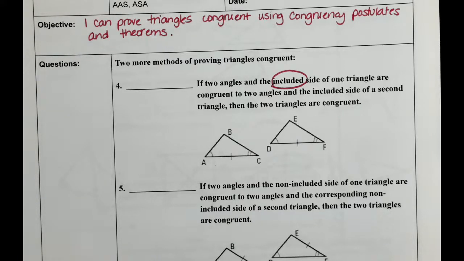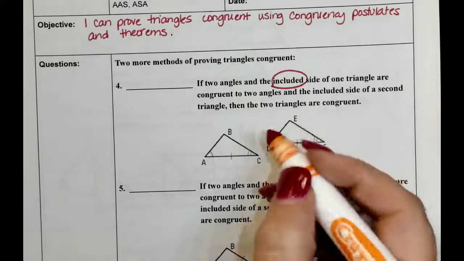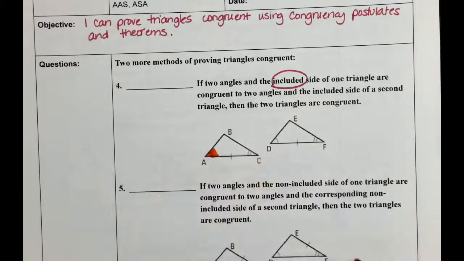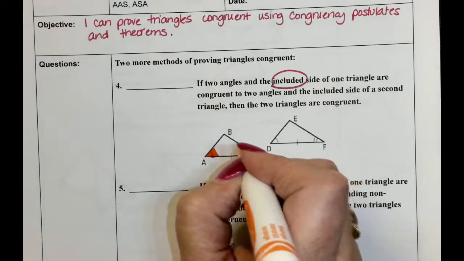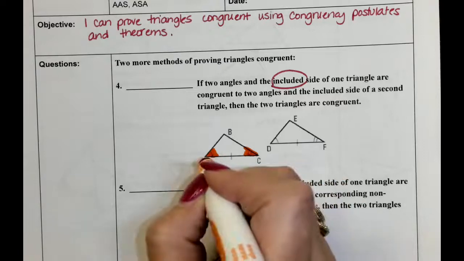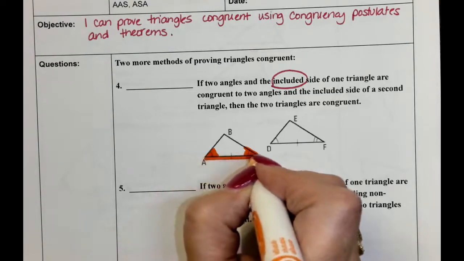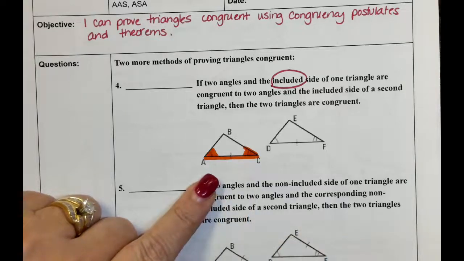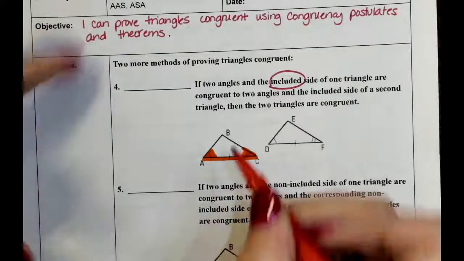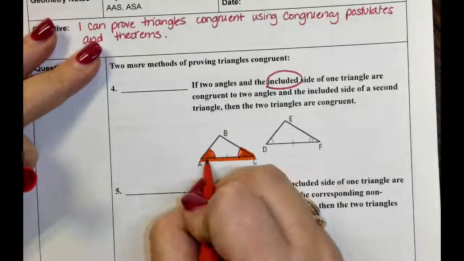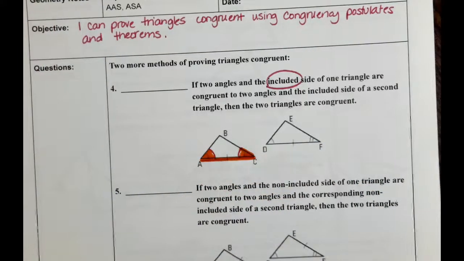Here's what we've got going on. I have that angle B is congruent to angle D. I have that angle C is congruent to angle F. And I have that AC is congruent to DF. Look at how this is labeled, okay? I have an angle marked, I have an angle marked, and I have a side marked.